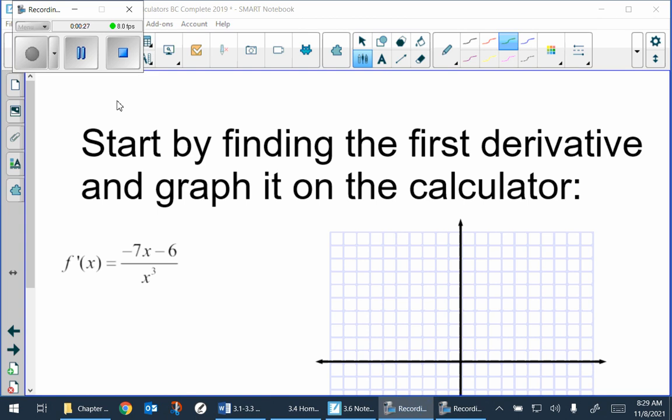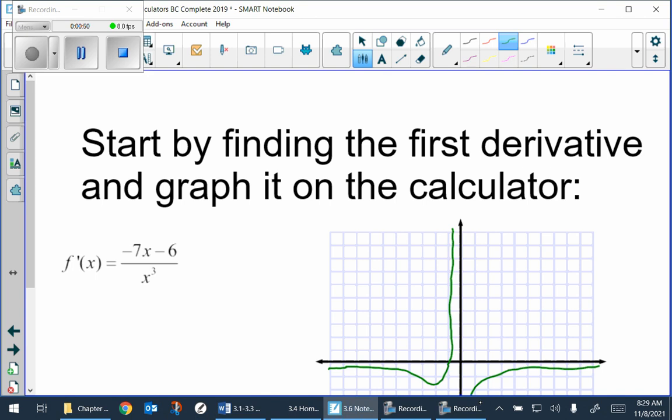So when we graph this thing, I think it looks something like that.